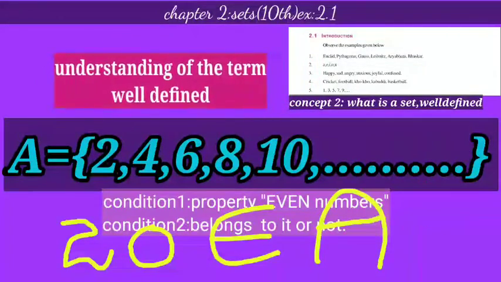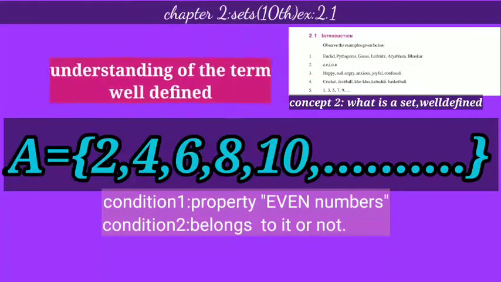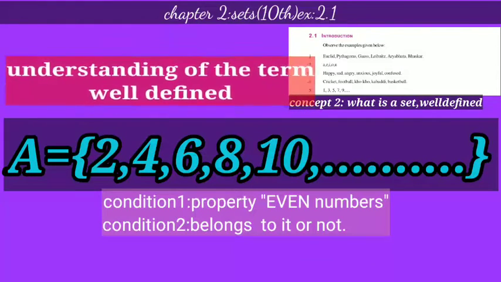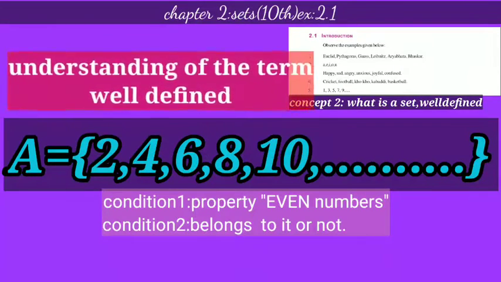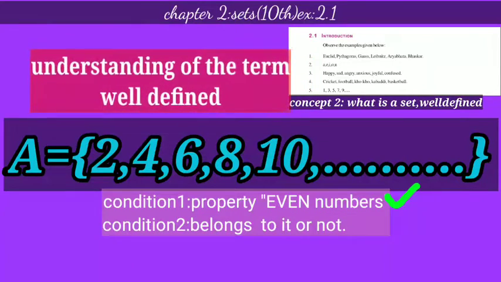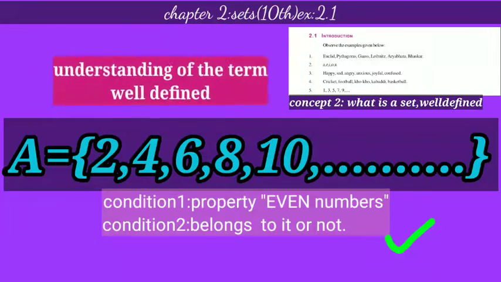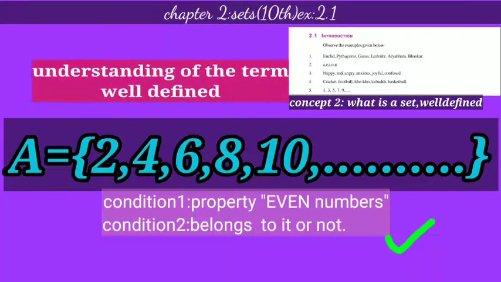So a set should fulfill two conditions. One is a common property, and the second is that it should be possible to say whether an object is in it or not.